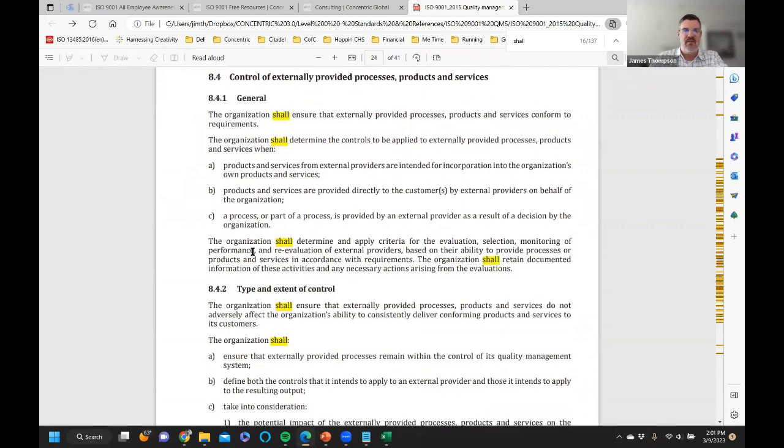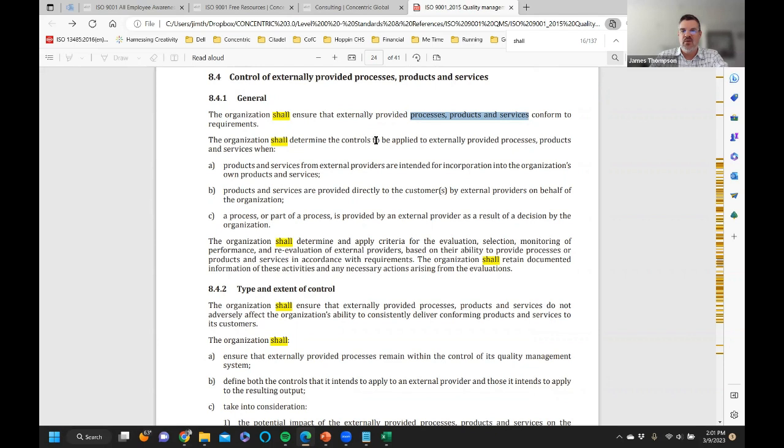So let's get through 8.4 real quick, which is really the purchasing or supplier piece. 8.4.1: the organization shall ensure that externally provided processes, products, and services conform to requirements.